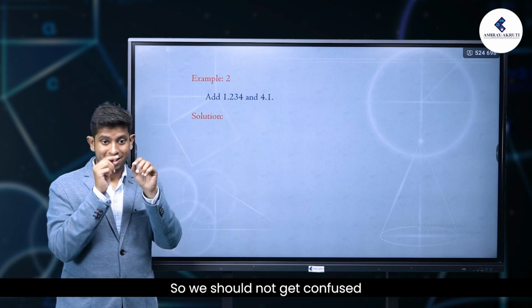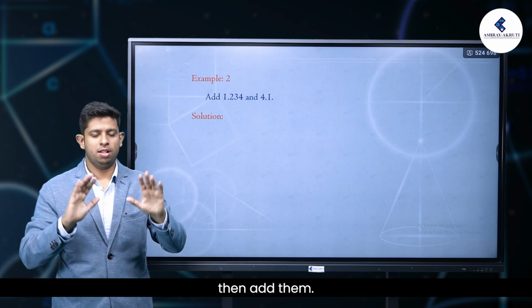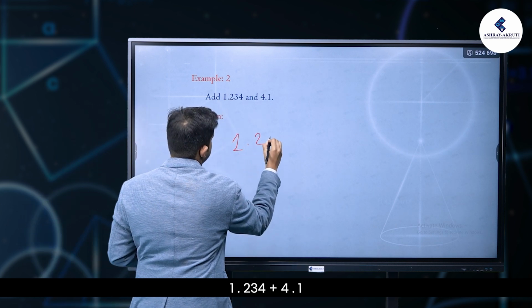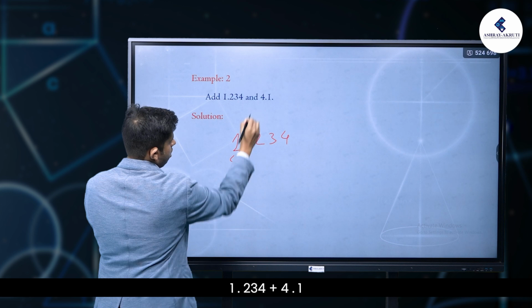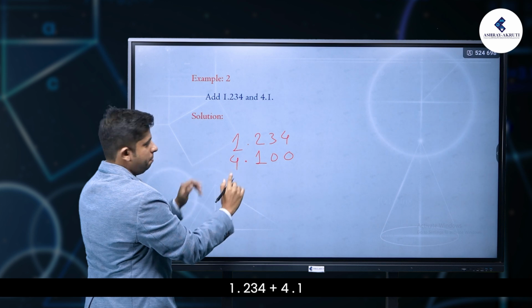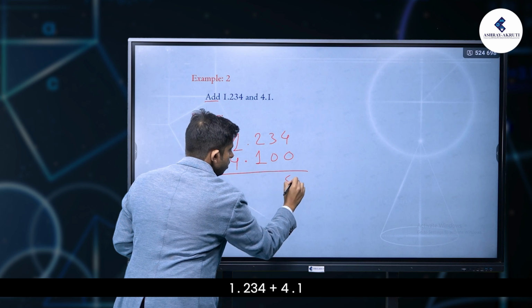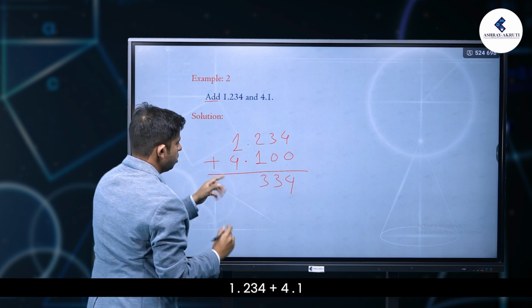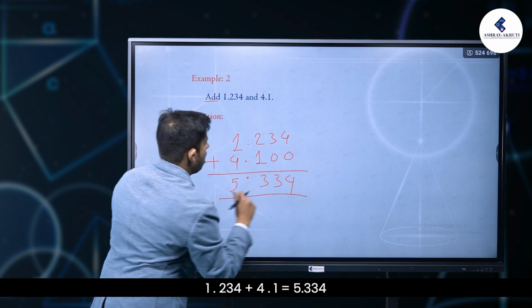So we should not get confused and write the numbers by lining up the decimal points of both the numbers, then add them. 1.234 plus 4.1 is 5.334.